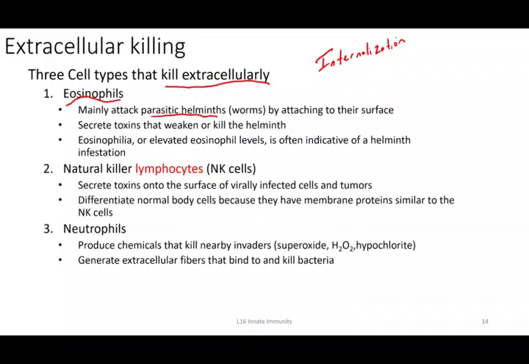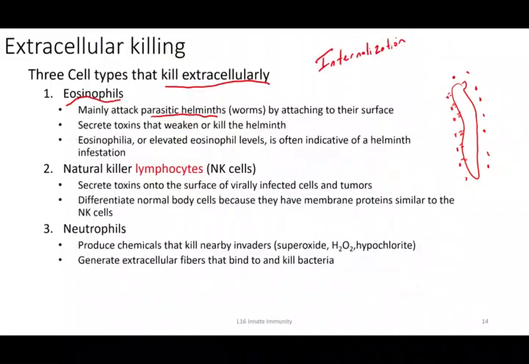If you remember seeing some of those adults, they can be several feet long. So it's not possible for those worms to be internalized inside of a cell. So instead you have, say this is the big worm, a bunch of these eosinophils surround that worm, and then rather than trying to ingest it, they just release digestive enzymes directly onto the surface of that worm.